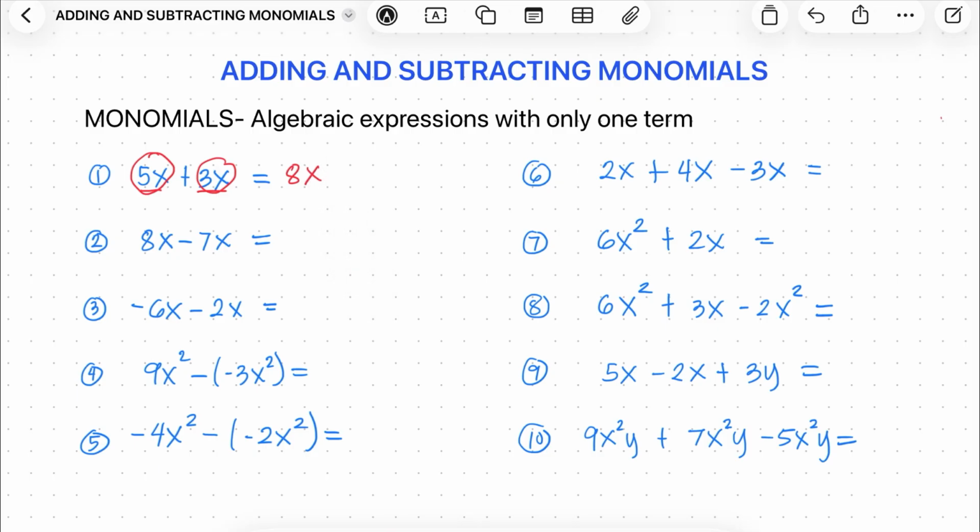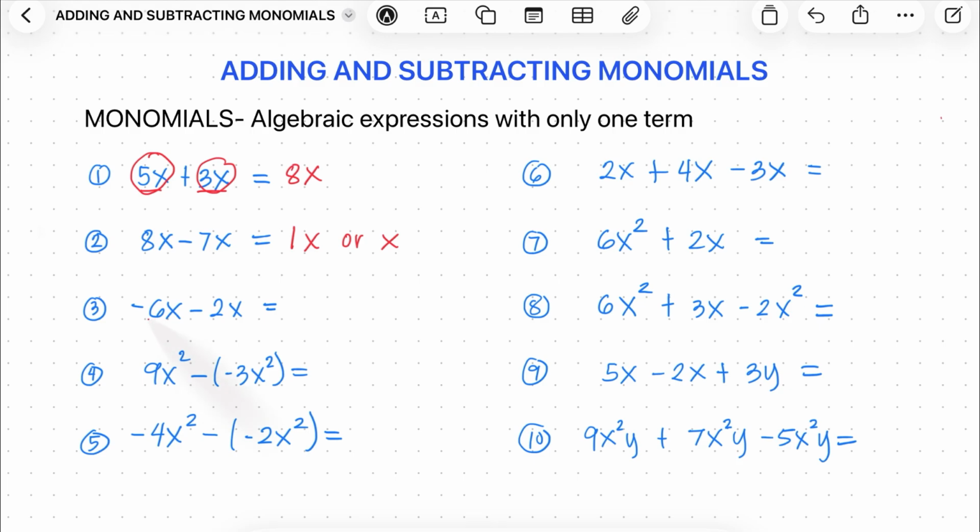Variable and exponent will only be copied. They will not change. Next we have 8x minus 7x. So 8 minus 7 is 1, and then copy the variable x. But since the numerical coefficient is 1, you may just write it simply as x.